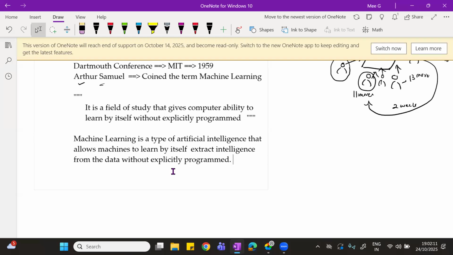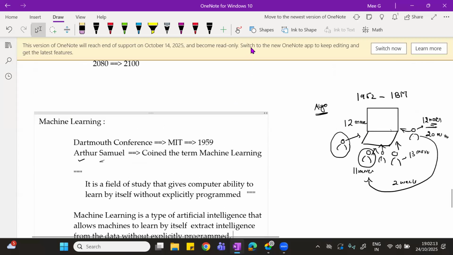So we are not going to program it each and every time. This is what machine learning is.